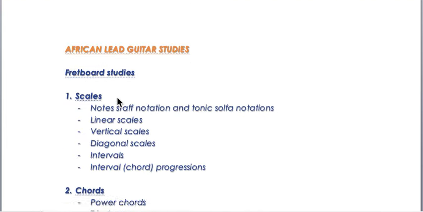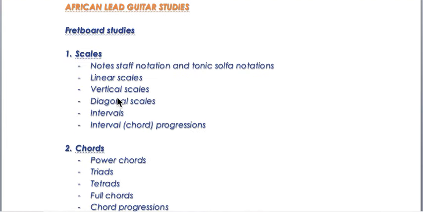So here we go. Let's go back to what we are going to learn on the fretboard. What are we going to study? Number one, we're going to study scales. First off, we're going to study notes, and on the notes we have what is called staff notation and the tonic solfa notation. We are also going to do some linear scales, that is studying scales up and down one string at a time.